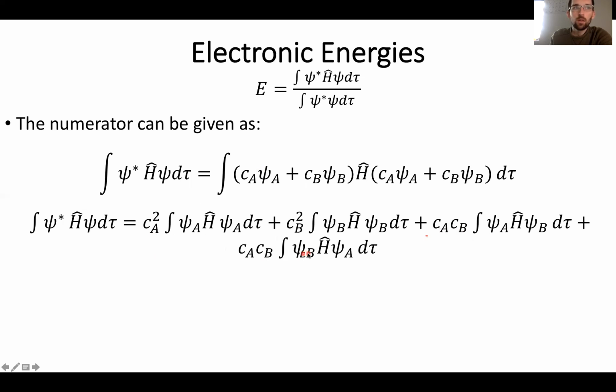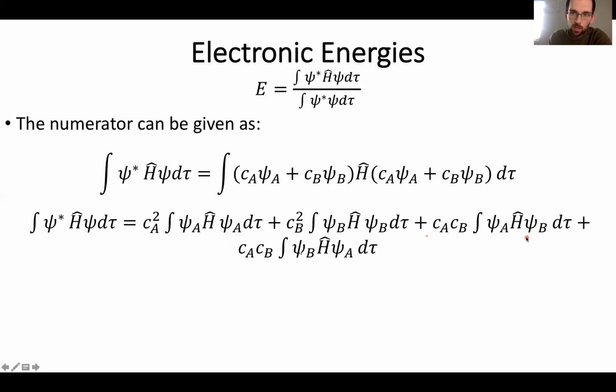Now, this guy should more or less be describing the energy of A and the energy of B. We'll deal with that later. But these mixed states, it's worth noting that the only difference between these two is the order in which we're applying the operators. Because I'm still having a mix of atomic orbital A and B, and it's just whether the Hamiltonian is being applied to A or B.